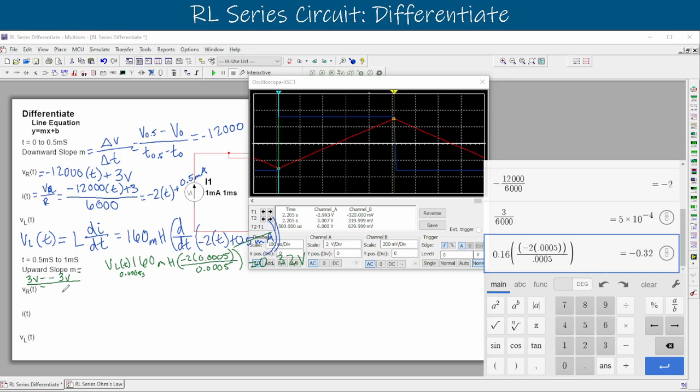We can divide that by our 2 time intervals, and that is our 0.5 total. So that's our 1 millisecond minus our 0.5 millisecond. And we'll equal that out.